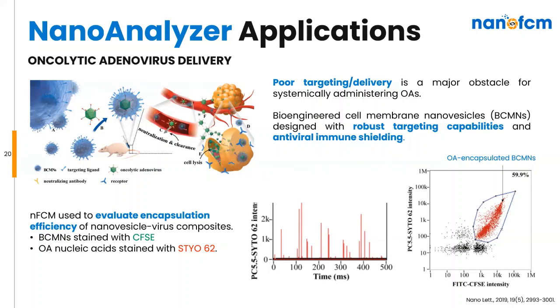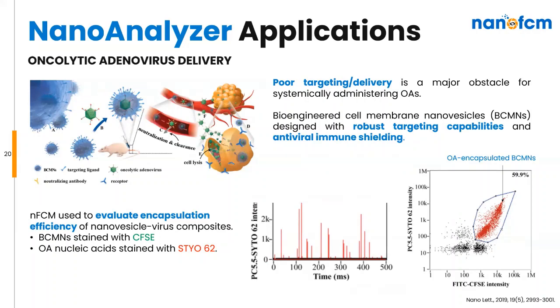Encapsulating the virus in an EV membrane may allow for avoidance of these responses, ensuring effective delivery to cancerous sites. In this paper, 2 different stains were used to evaluate the encapsulation efficiency. So first of all, we have the EV marker, CFSE, a membrane permeable dye activated by esterases found in the EVs, and then the viral marker, a cytodye for the viral genome.